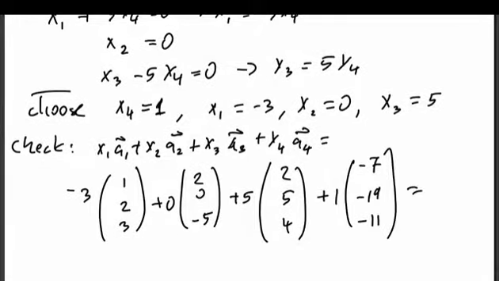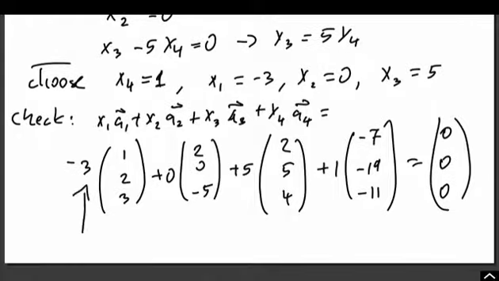So minus 3 plus 10 is 7, minus 7 is 0; minus 6 plus 25 is 19, minus 19 is 0; minus 9 plus 20 is 11, and minus 11 is 0. So here we go, we have a non-trivial linear combination of the vectors that creates the 0 vector.